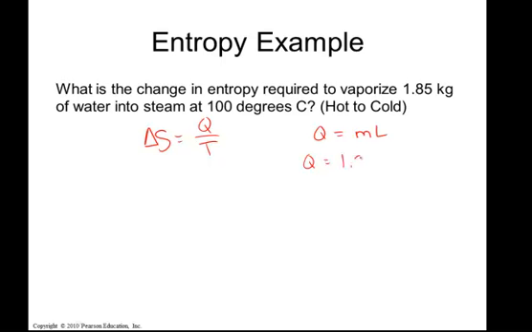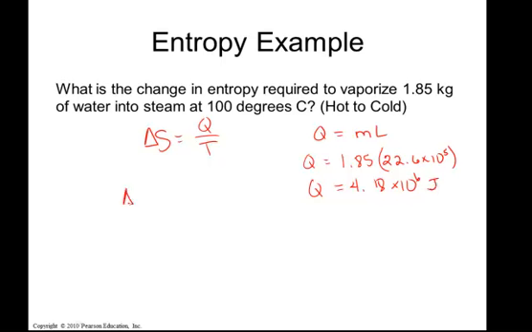My mass is 1.85, and the latent heat of vaporization in this case, because I'm going from water into steam, is going to be 22.6 times 10 to the 5th, and I looked that up in a chart on a previous chapter. And when I multiply those, I get 4.18 times 10 to the 6th joules.